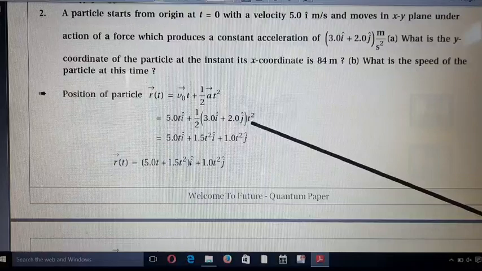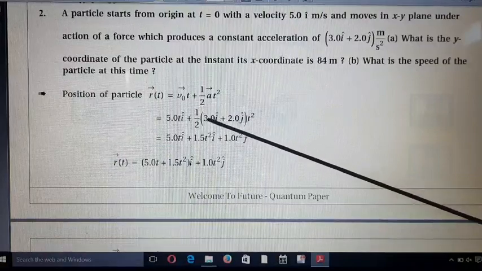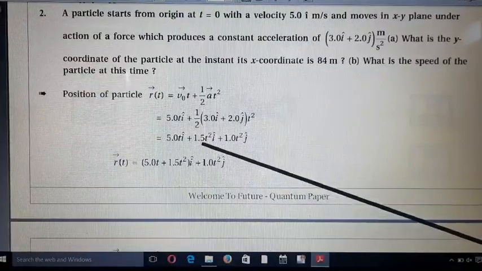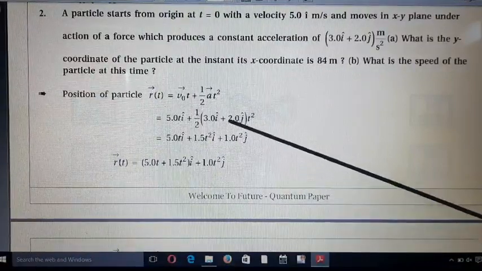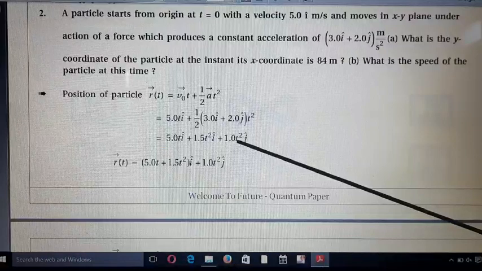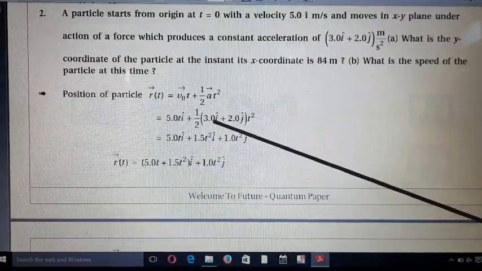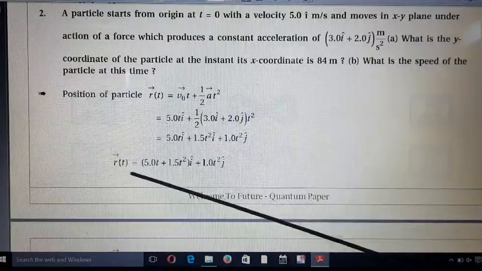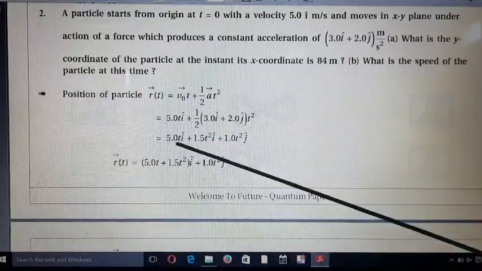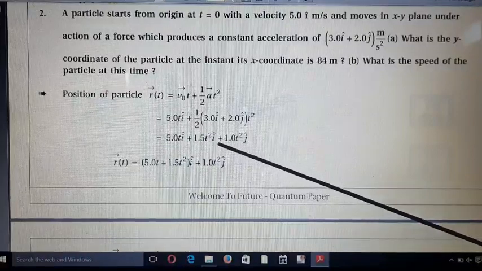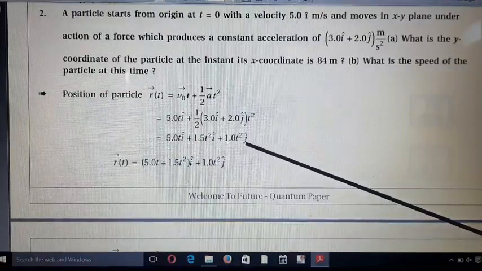Friends, first of all, these two are divided: 3 by 2 means 1.5 t² and 2 by 2 means 1 t², and here t² is also multiplied with them. So we get 5t i-caret + 1.5 t² i-caret + 1 t² j-caret.